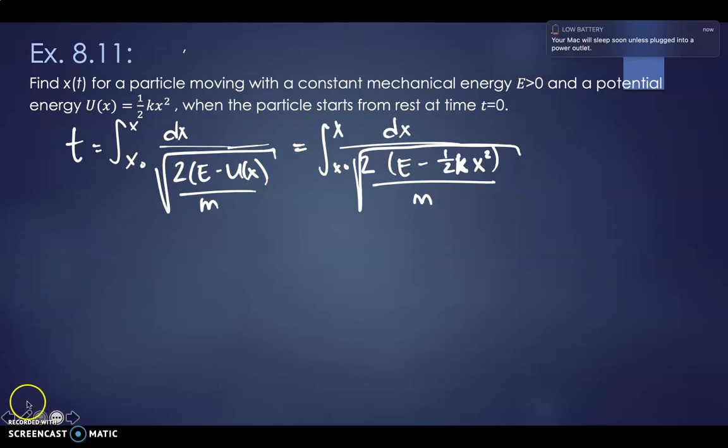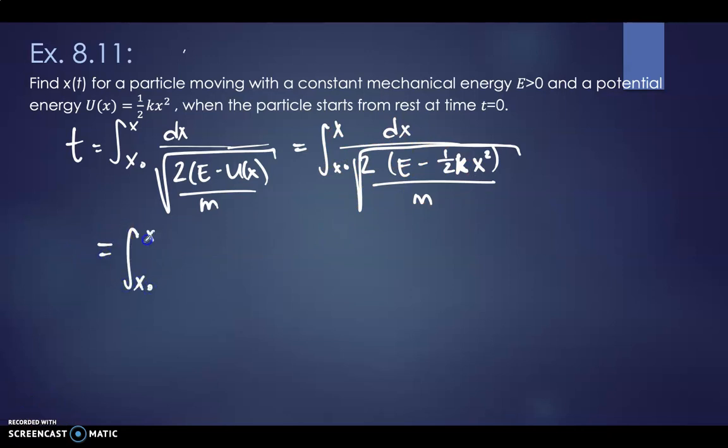Give me just a moment. All right, so I'm going to rewrite this a little bit. I'm going to say the integral dx, and I'm going to pull this out from this term. So I'll distribute this 2 to get rid of the 1/2. So I'll have 2e, and then I will divide by k throughout.